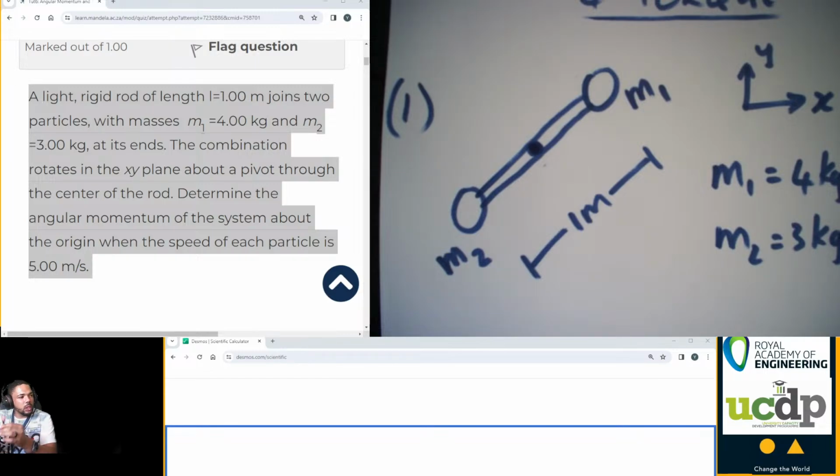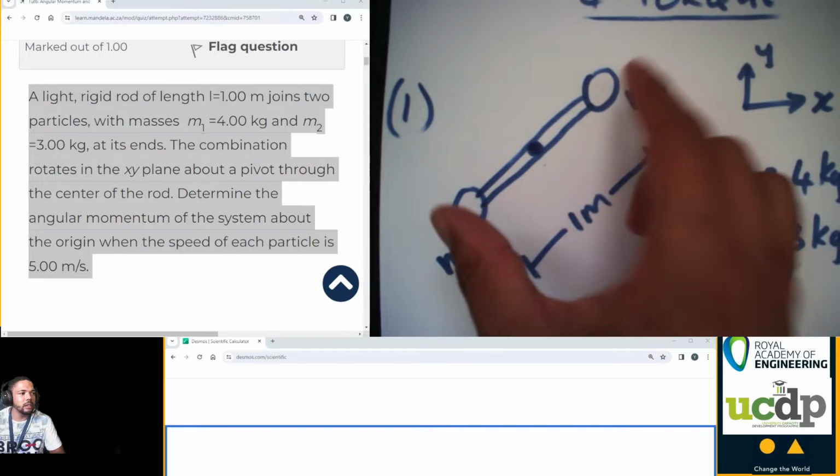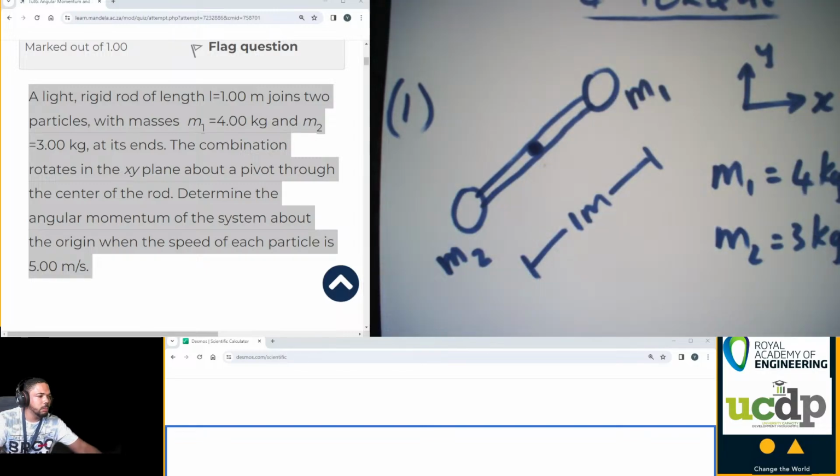Now you are slowly rotating this system, with the two masses at the ends and the rigid rod in the middle, in the XY plane.